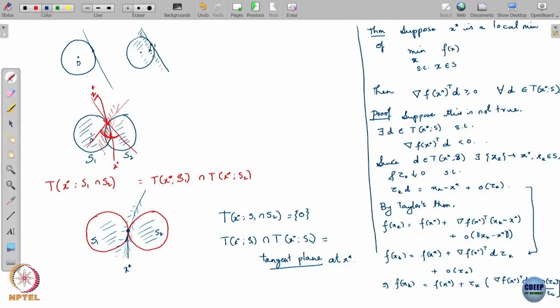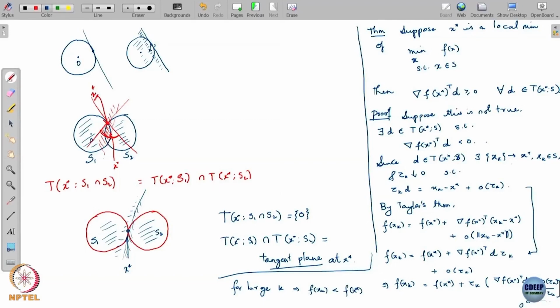And now, small o of tau k divided by tau k is a quantity that goes to 0, and the first quantity is strictly negative by assumption. So the second quantity is going to 0, which means that eventually, for large enough k, f of x k would be less than f of x star.